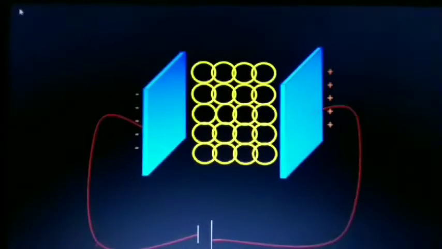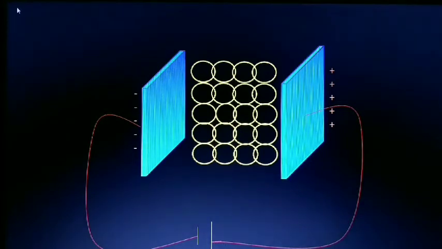Now in presence of these charges on the plates, an electric field is established from the positive plate towards the negative plate. And if you insert a dielectric material between the two plates, what happens? The electrical polarization will take place due to the effect of the electric field that has been established between the two plates.